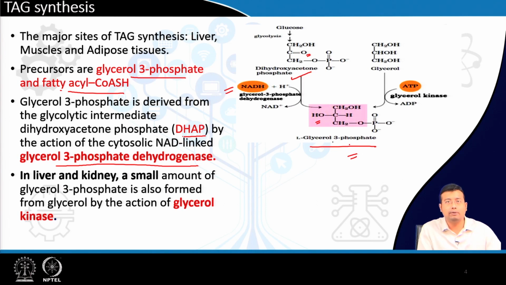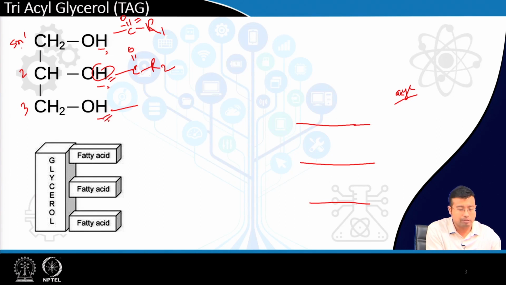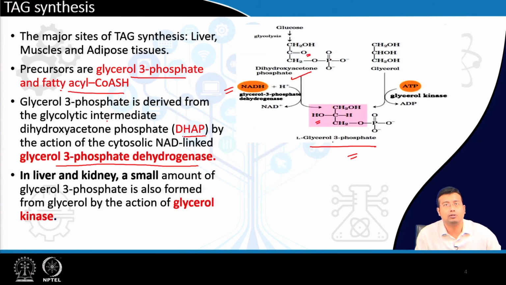In glycerol, one OH has been replaced by a phosphate group. Since it is the third position, this is glycerol 3-phosphate. Why is it capital L?